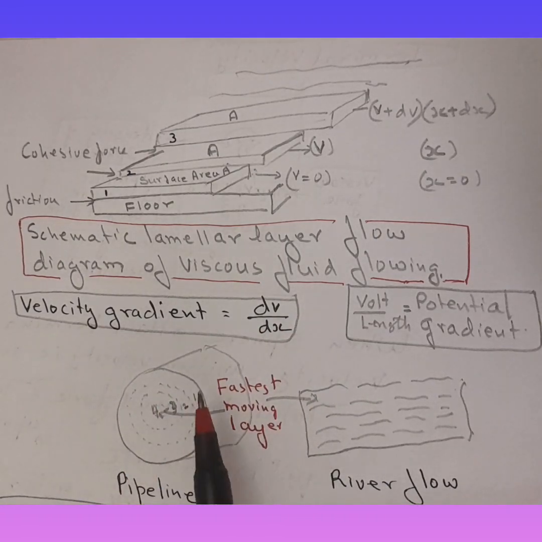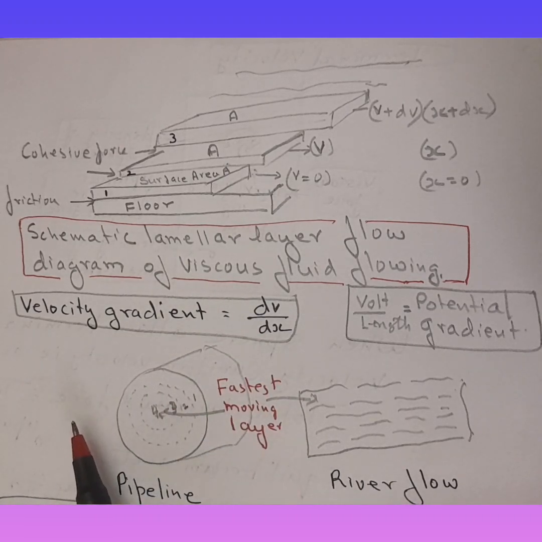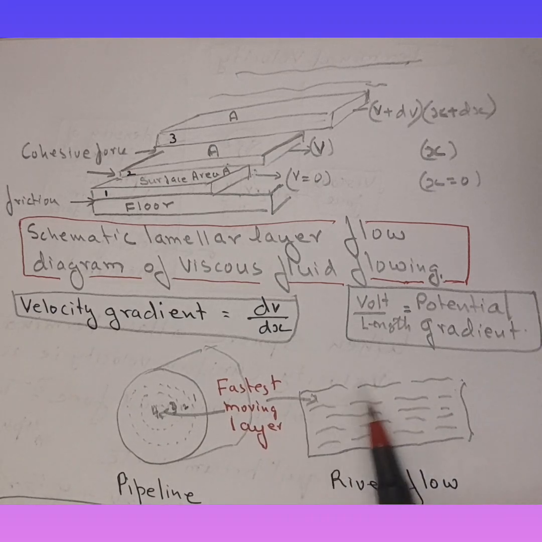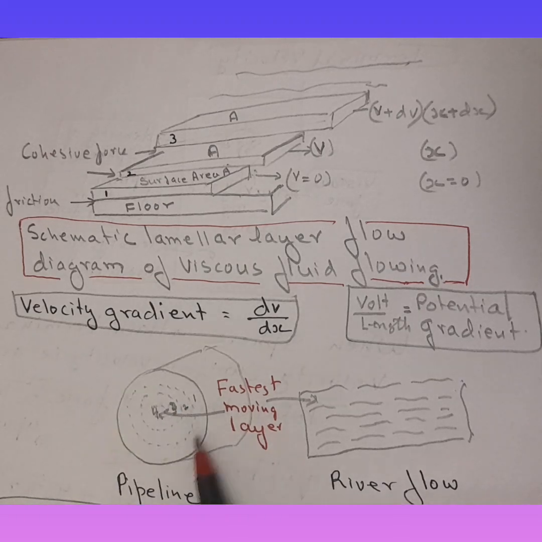So now can you tell me, suppose there is a big pipe through which water is flowing, and a river where water is flowing. Can you say which laminar layer would move the fastest and which the slowest? So I have made here one laminar layer, two laminar layer, three laminar layer, and the fourth one.